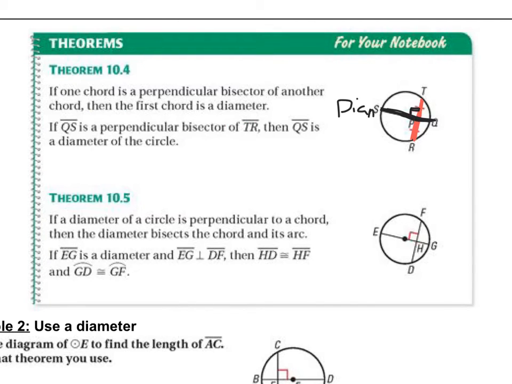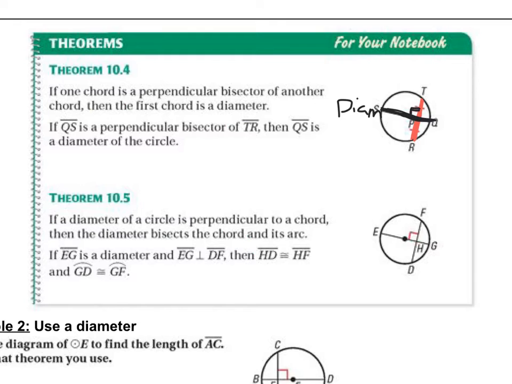And the reason is that in order to cut that in half, you'd have to go right through the middle of it, which would take you right through the middle of the circle. So that's Theorem 10.4.